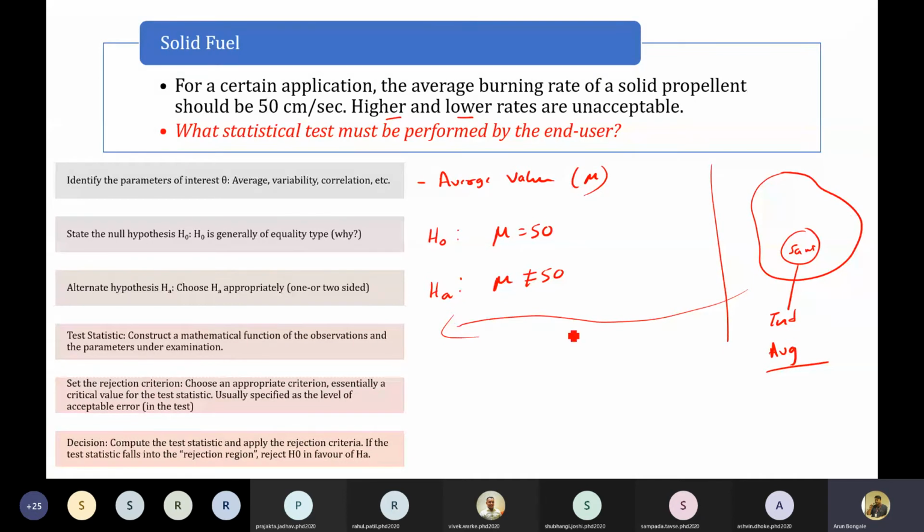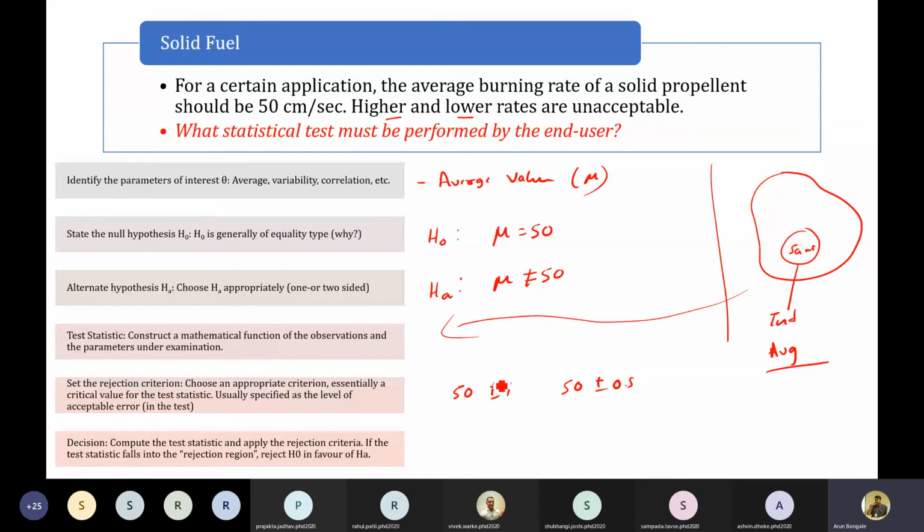Then set the rejection criteria. I have H naught: mu is equal to 50. 50 means, should I have 50 plus or minus 1, or 50 plus or minus 0.5? This is the variation that I am allowing due to the errors. How to select this variation and how to set it, we have different procedures and methods for that.